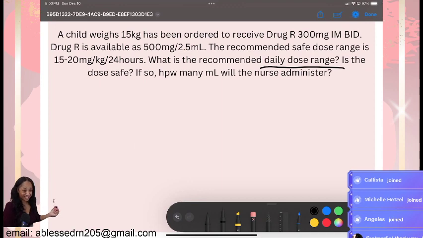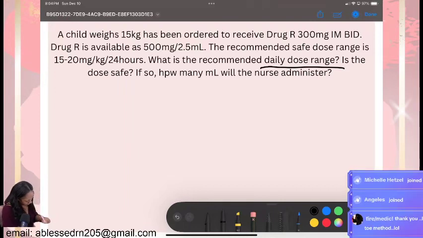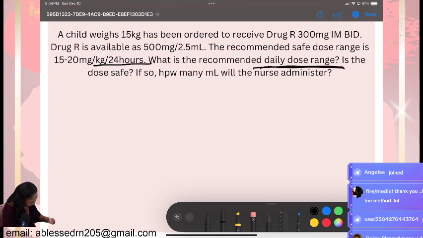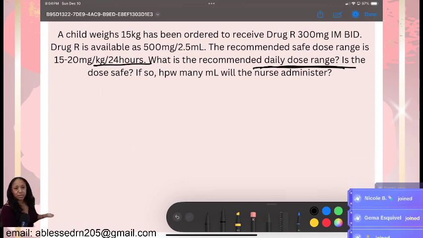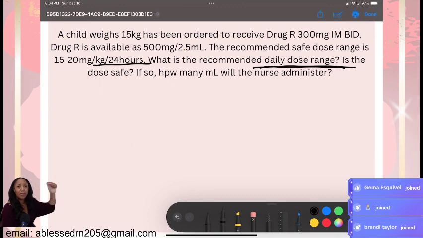As long as you cross it out and you get the answer, we good. All right, and then okay. This tells you that it's per day, right? And so then that'll tell you that it's daily. So if you were to find, I don't remember which one I did because I had skipped a couple of slides, but on the other slide it said how many milligrams in one dose. So it'll say what it's looking for in the problem.